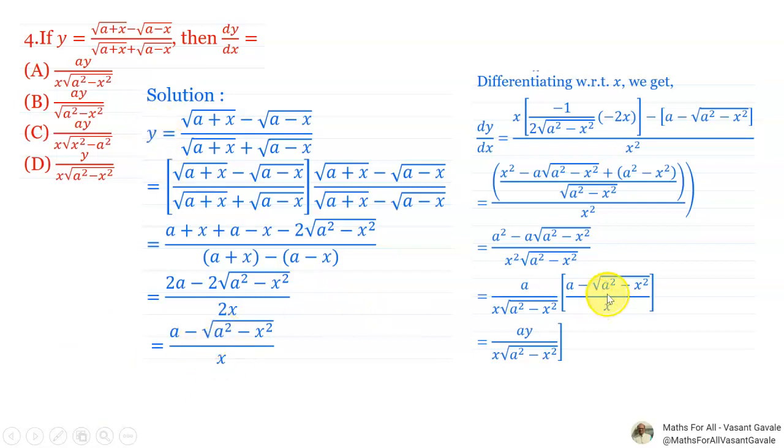This is y, and hence you will get dy by dx is equal to ay upon x root of a square minus x square. Okay, and hence option A is the correct one.